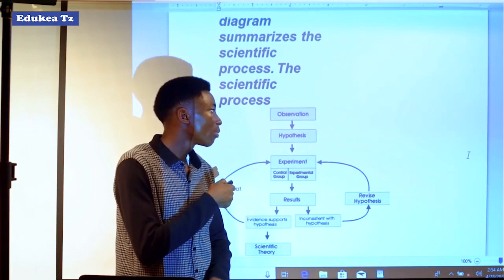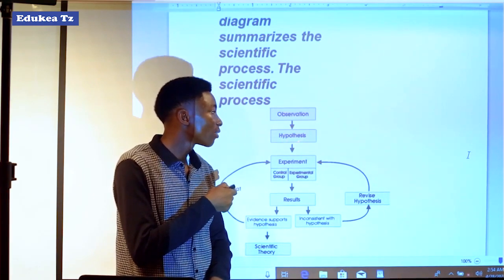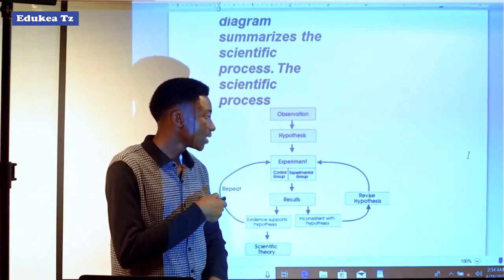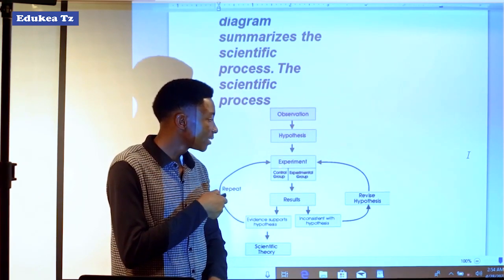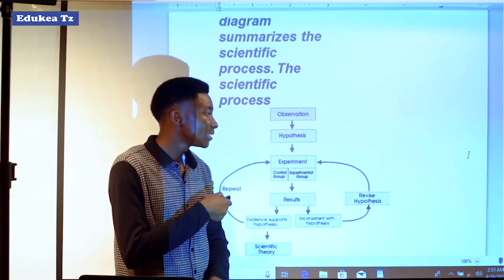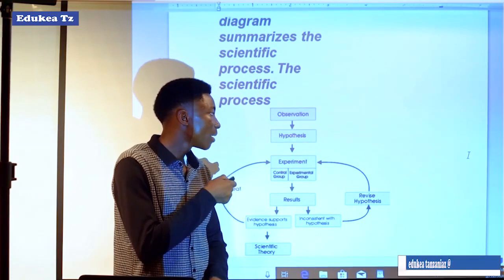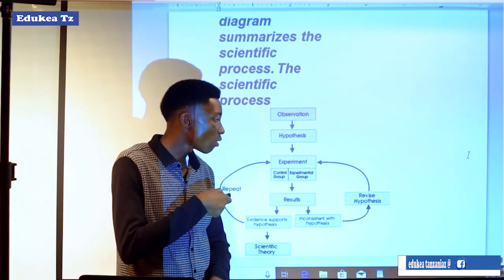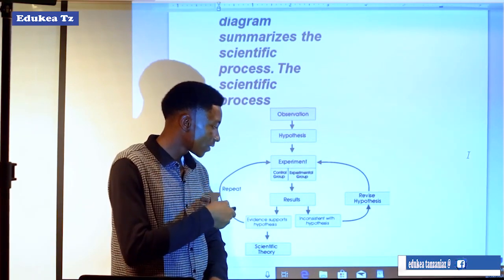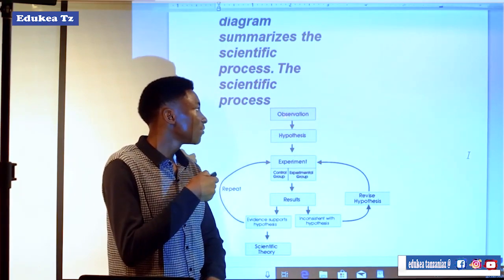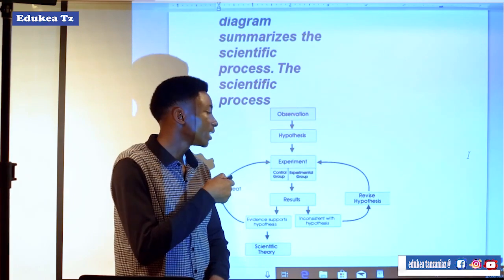And then hypothesis. There is formulation of a hypothesis, or an assumed explanation. After that, experiment. Experiment means a practical for proving whether the hypothesis is true or not. And then after that is the result. This result is a conclusion, and this observation is the problem identification.